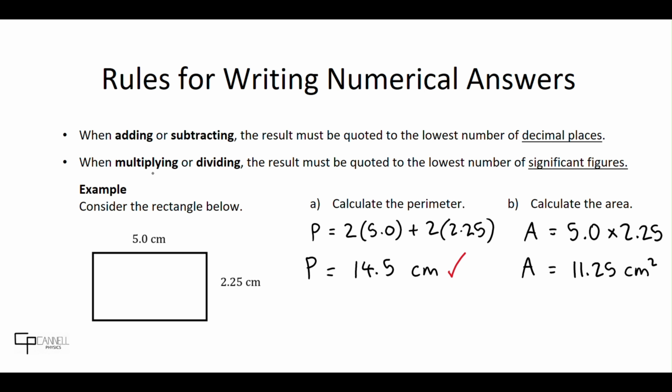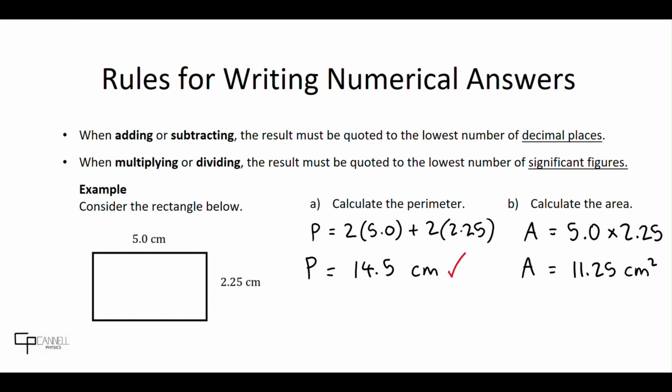And when I multiply or divide, I have to make sure the answer is to the lowest number of significant figures. And so if I look at my original two numbers that I used, 5.0 has the lowest number of significant figures, it has 2. 2.25 has 3 significant figures.